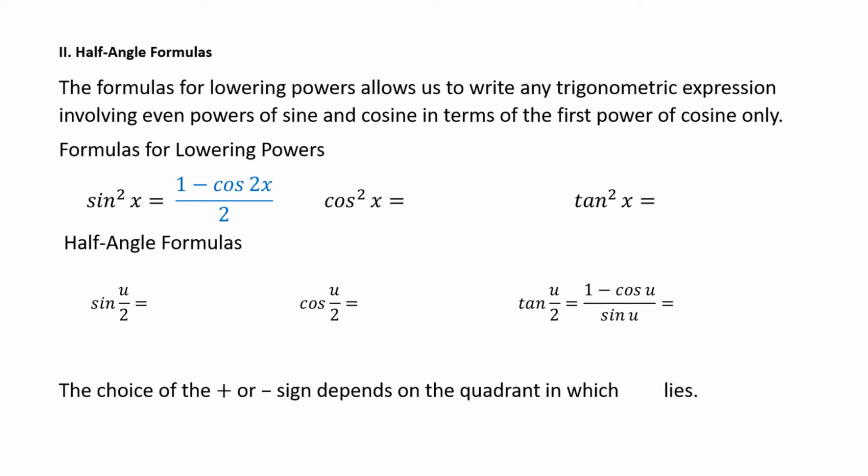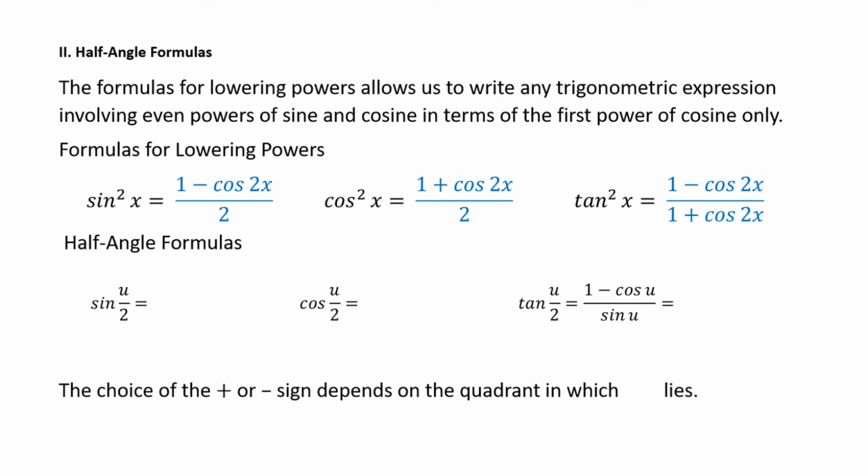Cosine squared x is equal to the quantity 1 plus cosine 2x divided by 2, and tan squared x is equal to the ratio of sine squared x over cosine squared x, which is 1 minus cosine 2x quantity divided by 1 plus cosine 2x quantity.